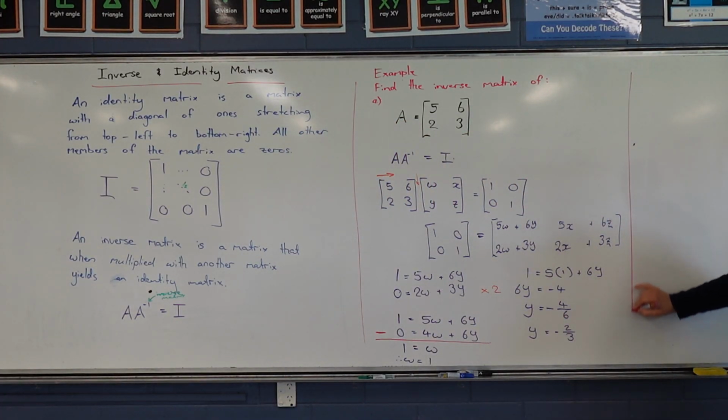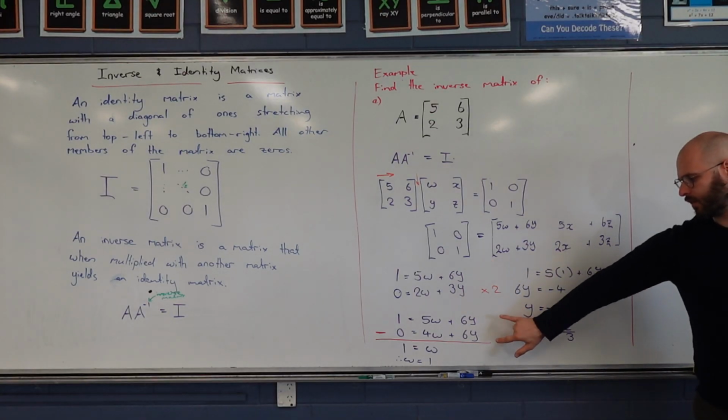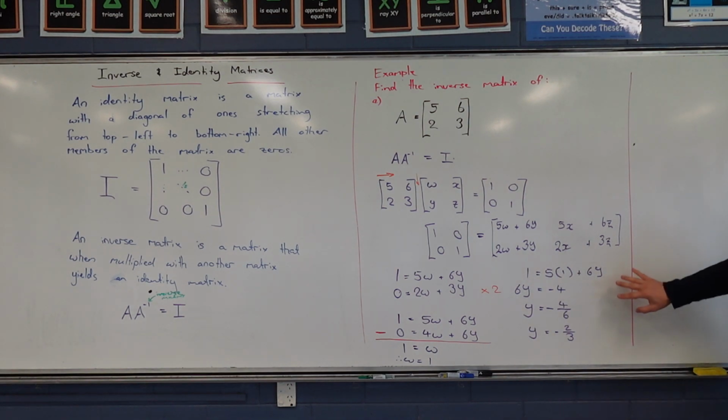So we know 2 of our unknowns for the inverse matrix. Does that make sense, what's happened? Now, if I generated 2 equations to find 2 of the unknowns, what am I going to do to get the other 2 unknowns? I'm going to do the same: generate 2 equations and solve simultaneously to find the 2 values.